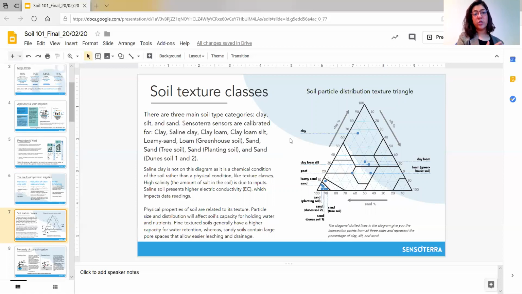Fine textures of soil will have a higher capacity for retaining water. On the other hand, sandy soils, which contain larger pores, will allow easier leaching and drainage. So they will retain less water and have a lower water holding capacity.